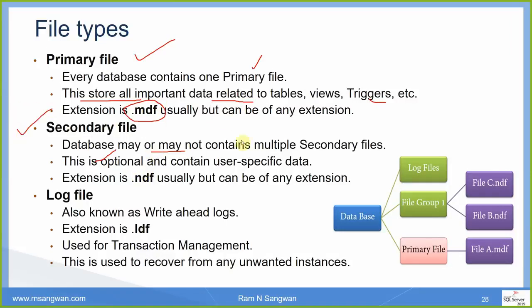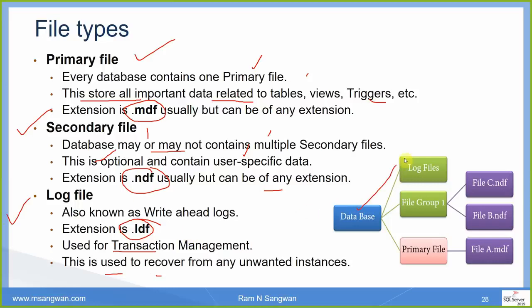Generally, in the primary file we keep system data also, and in the secondary file we keep user-specific data, and the extension is generally NDF but can be any extension. Then we keep the log file, which has LDF as an extension, and we keep logs. This is used to recover from any unwanted instances or transactions. You know the purpose of logs always.